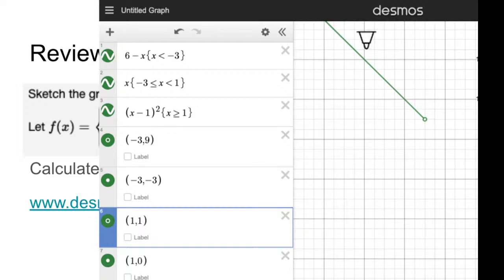And if we come from the left, we're tracing along this upper part of the graph, and we're seeing where it's going. And we're not actually going to -3. We're getting just very close, maybe knocking on the door of -3. And what we see is that the limit would be this number here, the y value of 9.